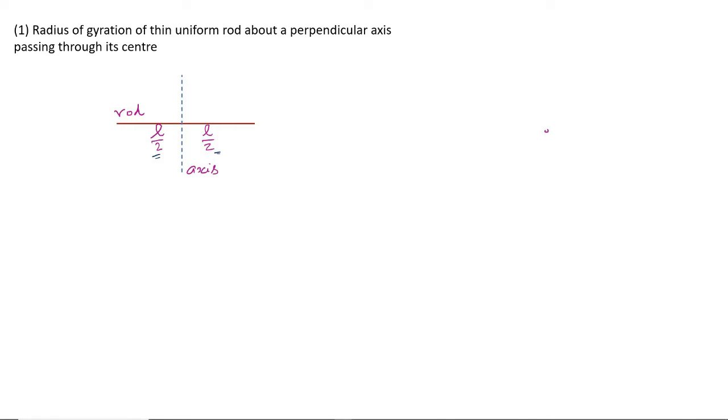Okay, now the moment of inertia of the rod about this axis is ml squared by 12. So equate it to mk squared. Here you can cancel the two m's, one on the left side and one on the right side of this equation.